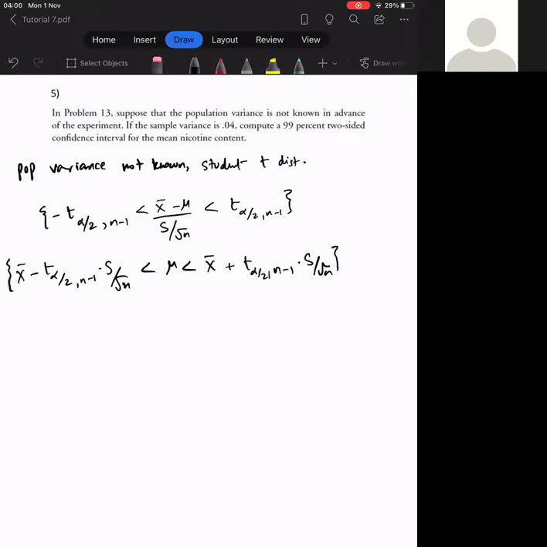We have our sample variance as 0.04 and we know that the mean is 1.2. We're just going to plug it all in to this whole thing.